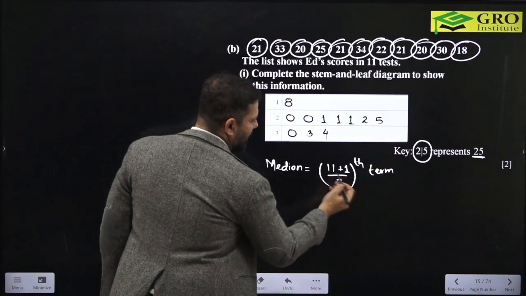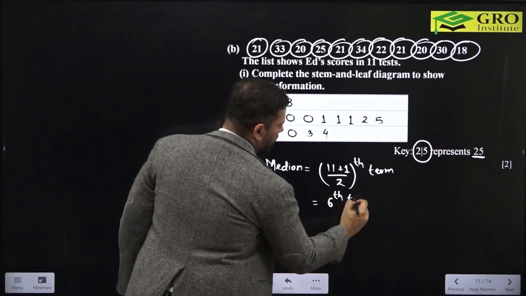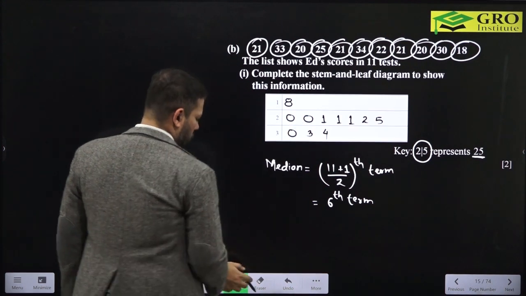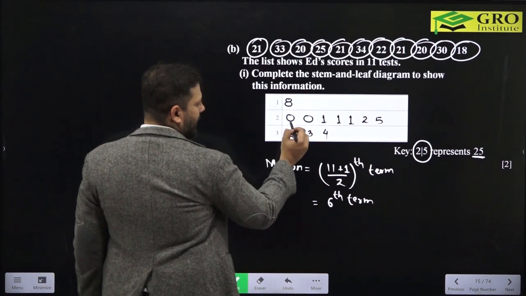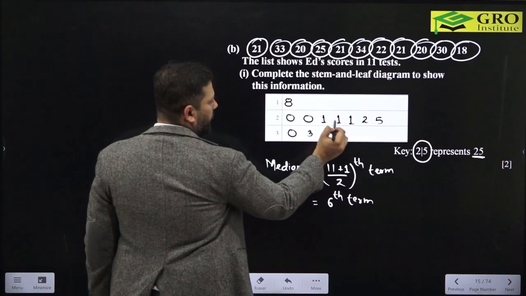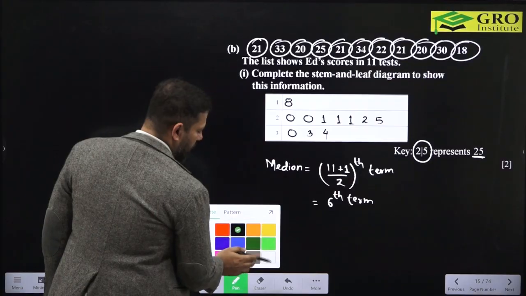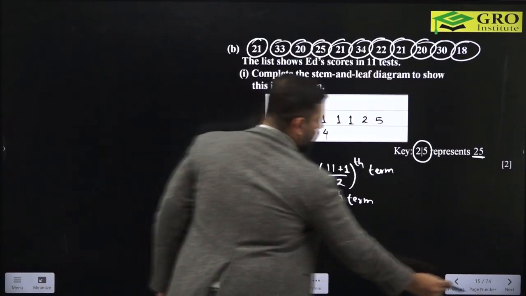That is going to be 12. 12 by 2 is going to be 6. So the 6th term. Where is the 6th term? Let us start from here. This is going to be the first term, second term, third term, fourth term, fifth term and 6th term. So the 6th term here is simply 21. So I'll write it over here.